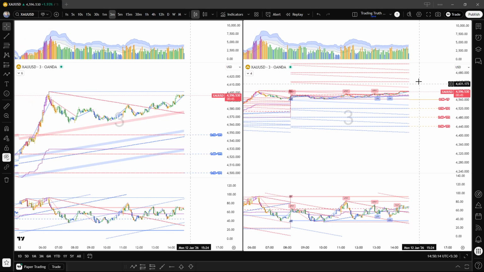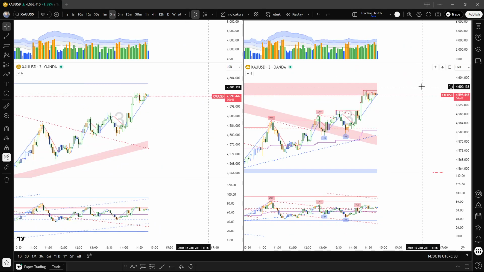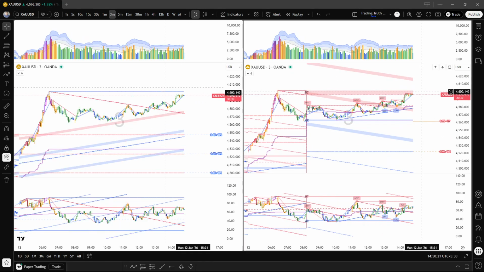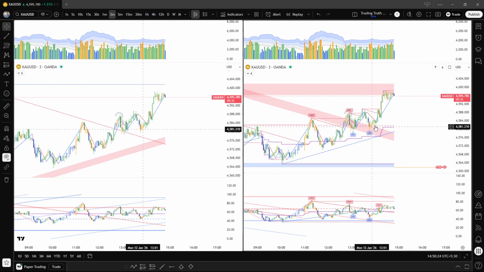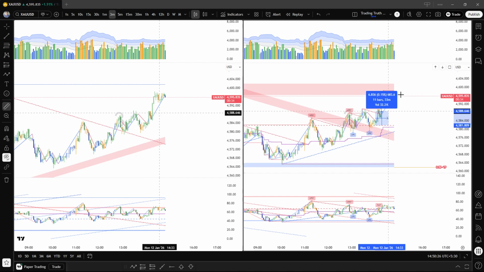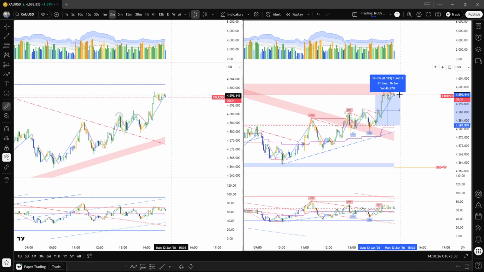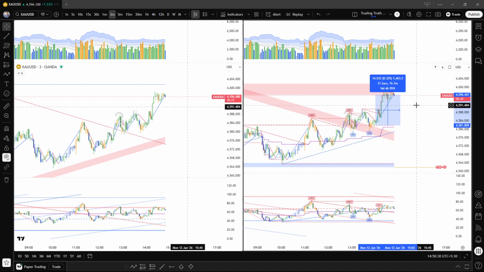I wouldn't recommend 1 minute. Okay, 3 minute is really good. For instance, here you see it was making LPS. If we had entered a trade, we could have taken profit there, just like in 1 hour. It's a good scalp, right?